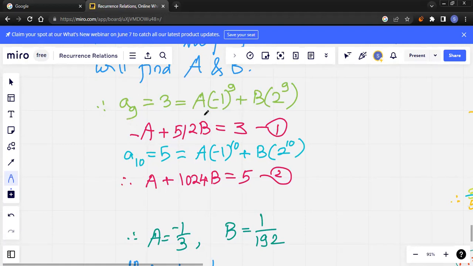So it will be A into minus 1 raised to 9 plus B into 2 raised to 9. Negative raised to odd is negative. So it is minus A plus 2 raised to 9 is 512 into B equal to 3.